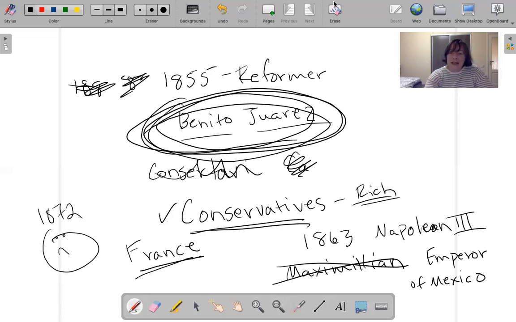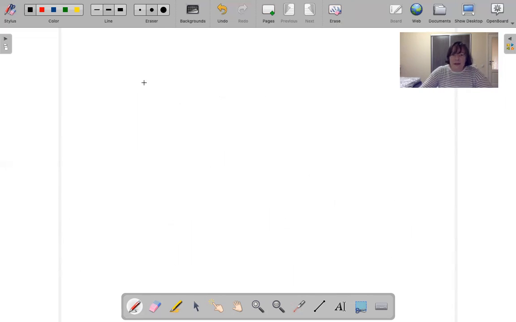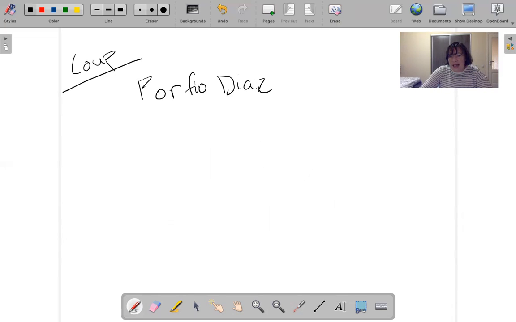But then there was a coup. A coup is when someone goes in and takes over the government by force, by a guy named Porfirio Diaz. And Porfirio Diaz was a conservative.